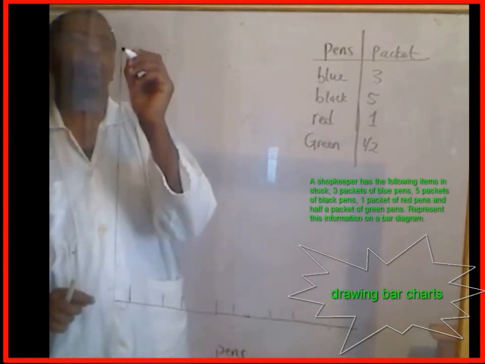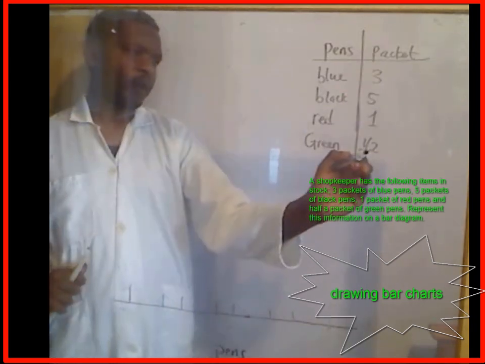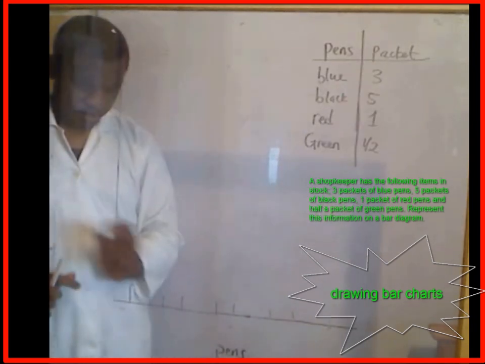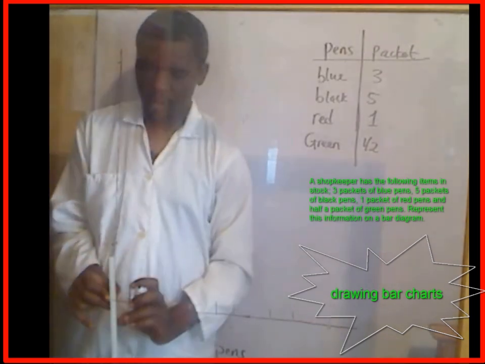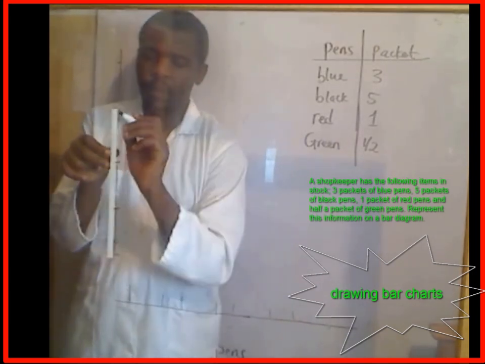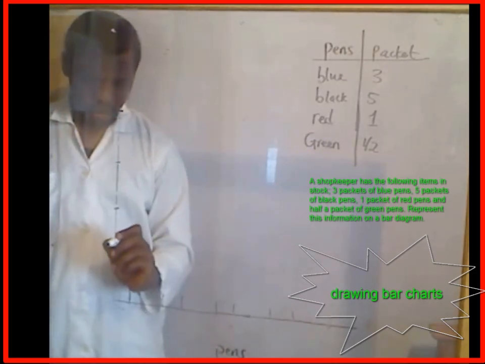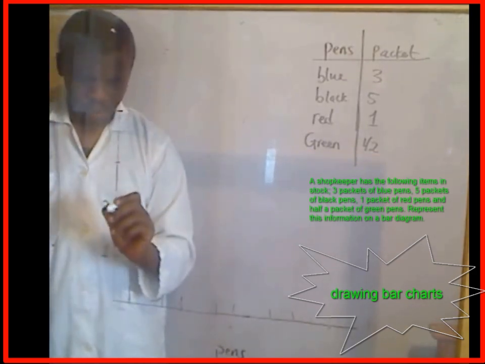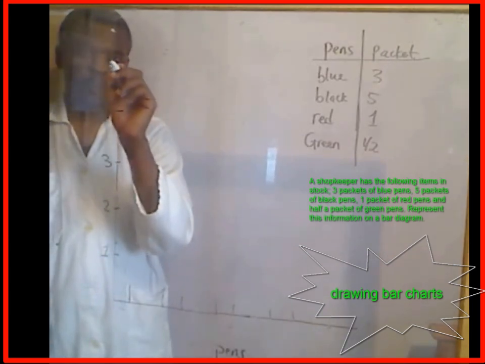So now the number of packets. So I have from half right up to 5. So one good practice is to spread out the values so that the graph should be very large. So this will be 1, 2, 3, 4, 5.